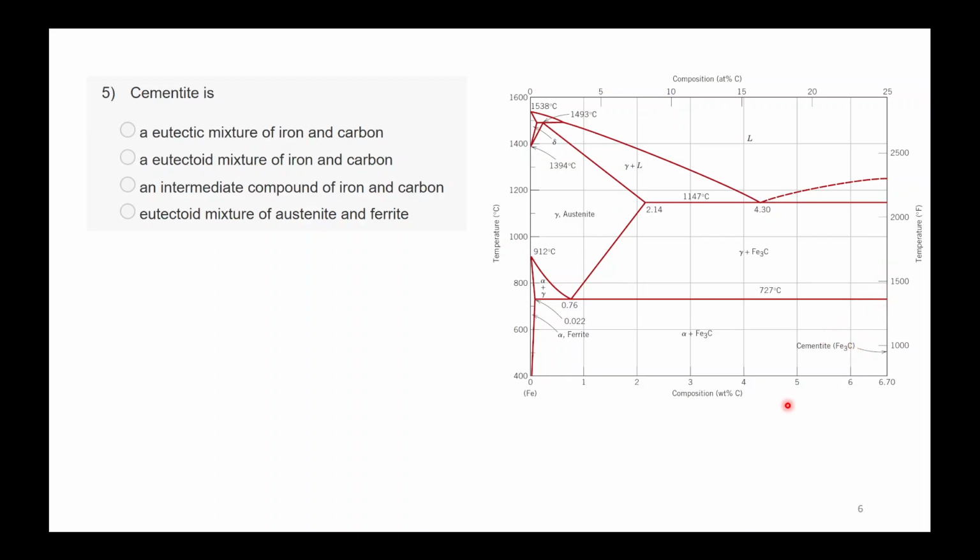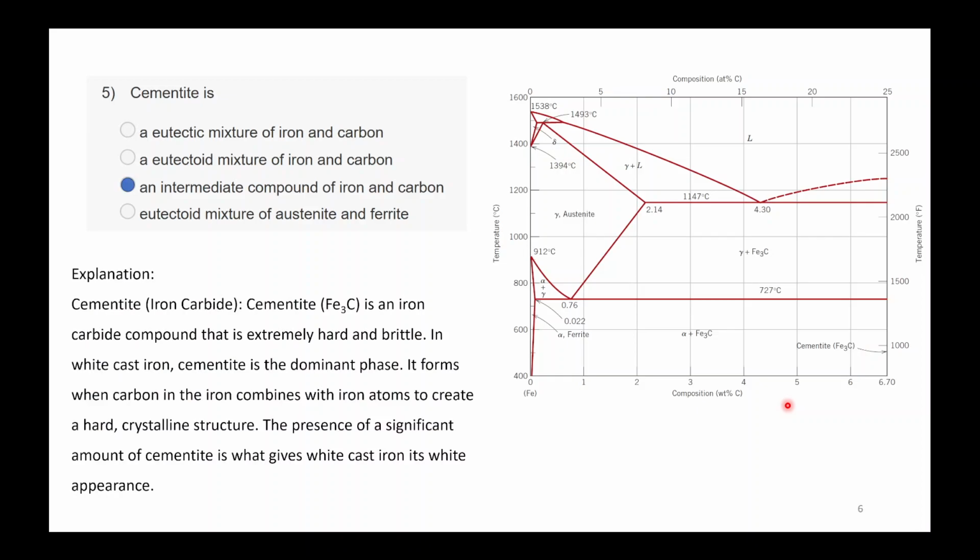This is your orthorhombic type of crystal structure. So cementite, which is also known as iron carbide, is an iron carbide compound that is extremely hard and brittle. In white cast iron, cementite is the dominant phase. It forms when carbon in the iron combines with iron atoms to create a hard crystalline structure.